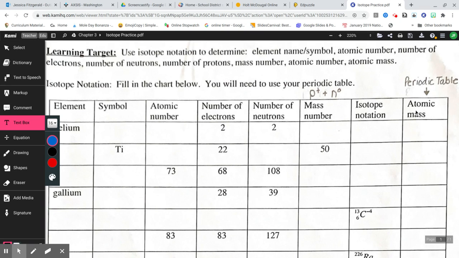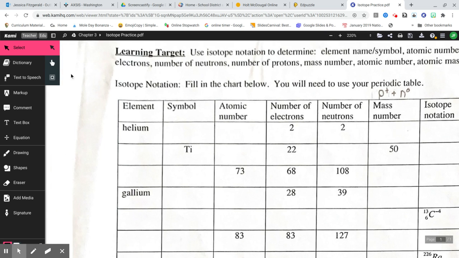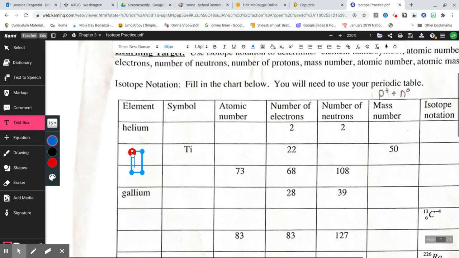Okay, so let's take a look first at the Ti. Its name is titanium. Its element symbol, of course, is Ti.